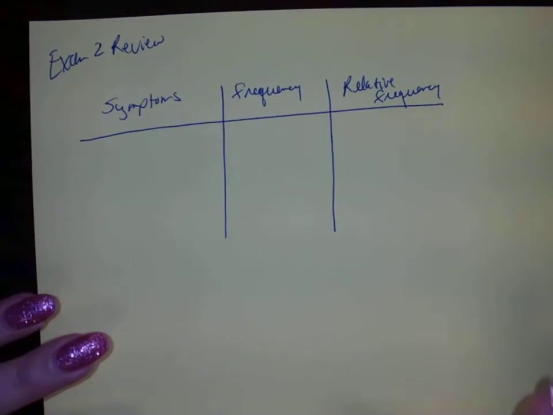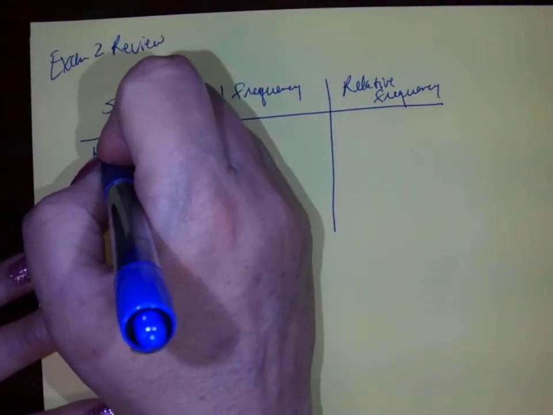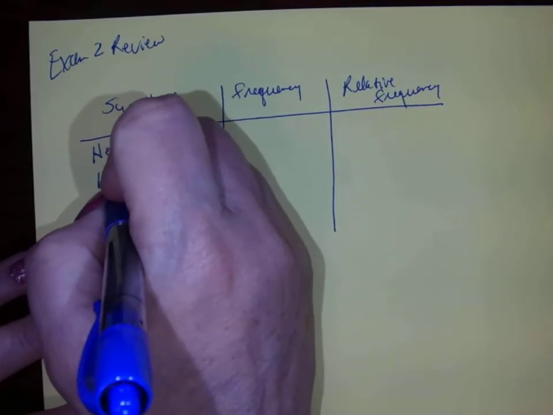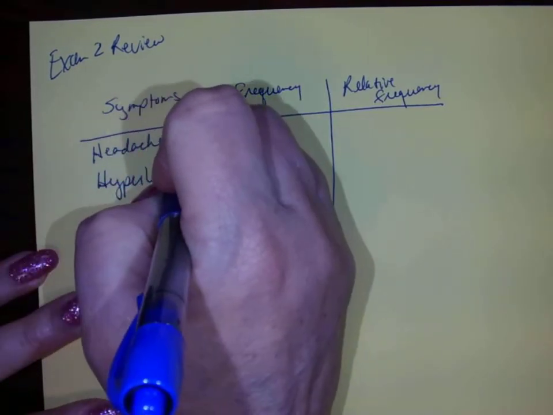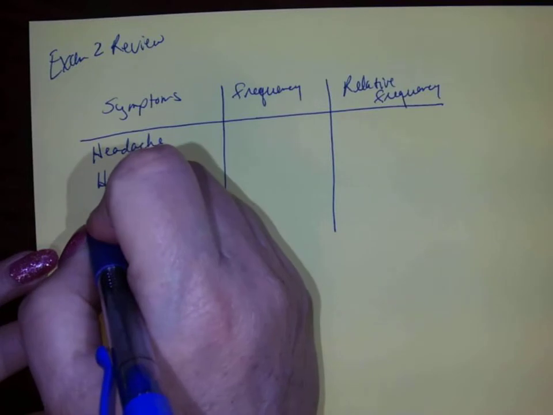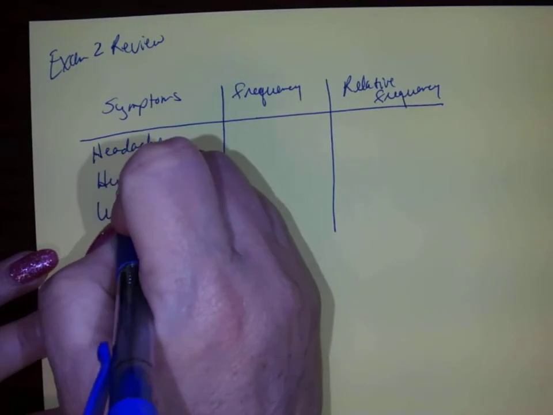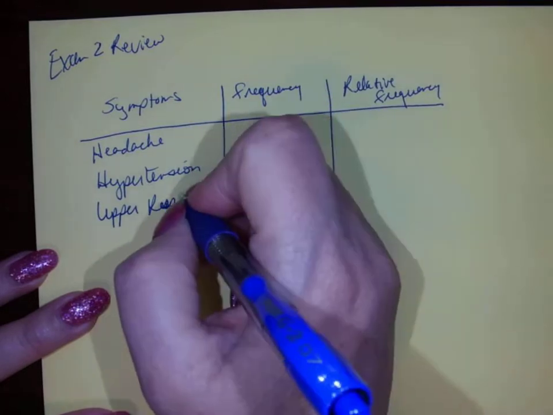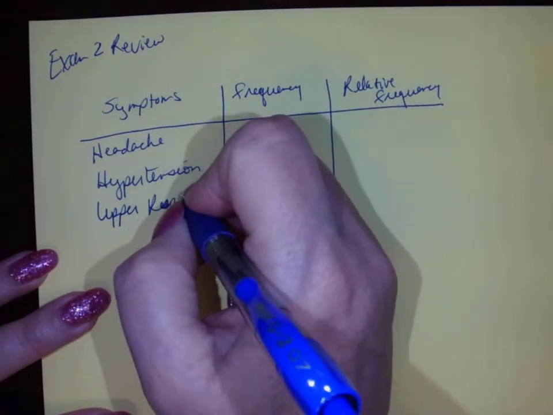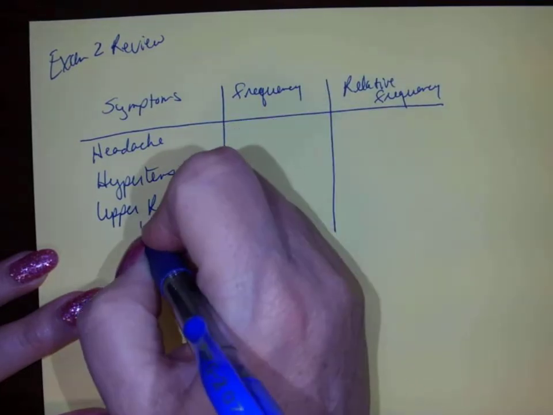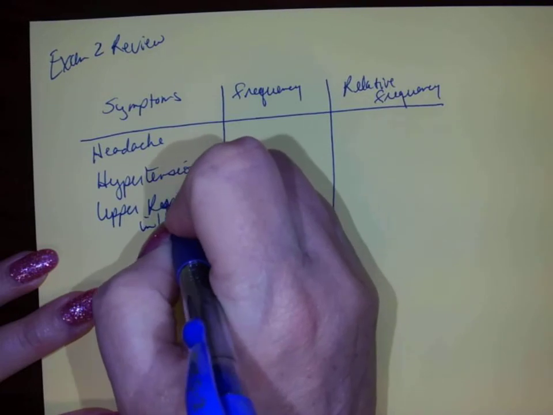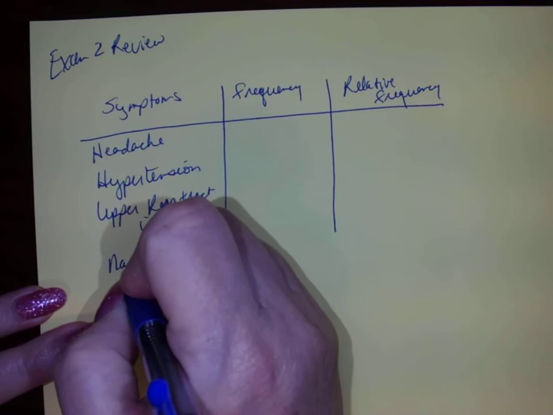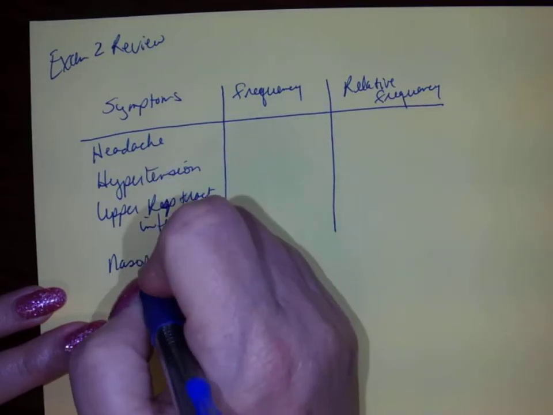All right, so our first symptom was headache. Our second one was hypertension. Our third one is our upper respiratory tract infection. Our next one was nasopharyngitis.